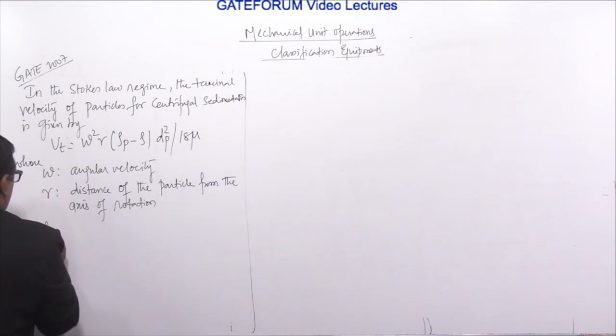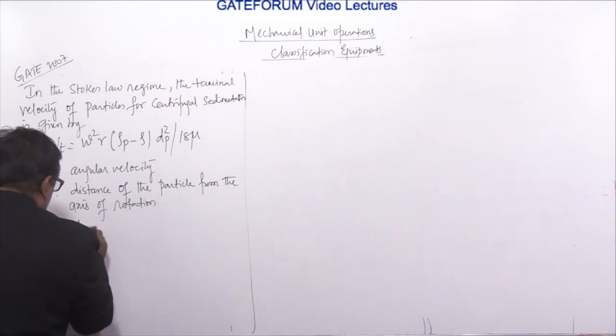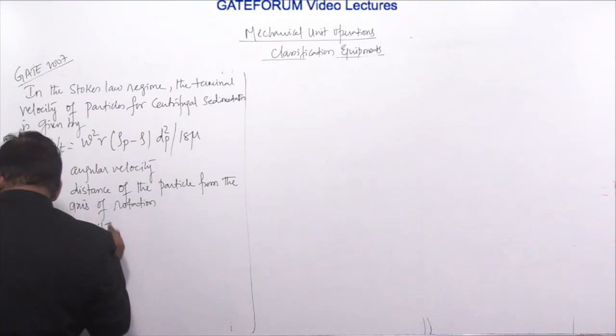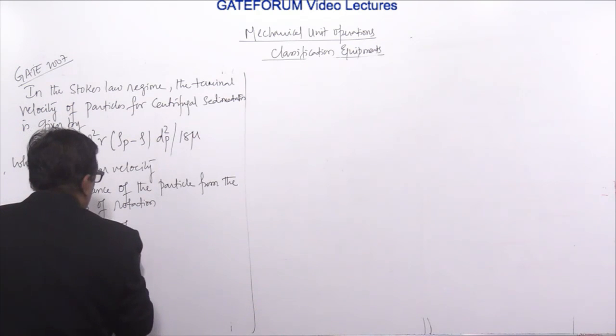And rho p is the density of the particle.